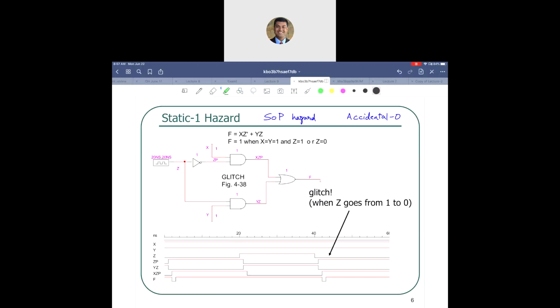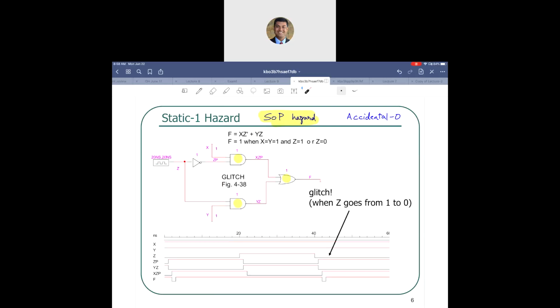Why is this SOP hazard? Because it is a sum of products. There are multiple AND gates that are feeding into an OR gate. So you have a sum of product expression, XZ complement or YZ, that's a sum of product expression. And when you lay it out in terms of a circuit diagram, that's what you have.